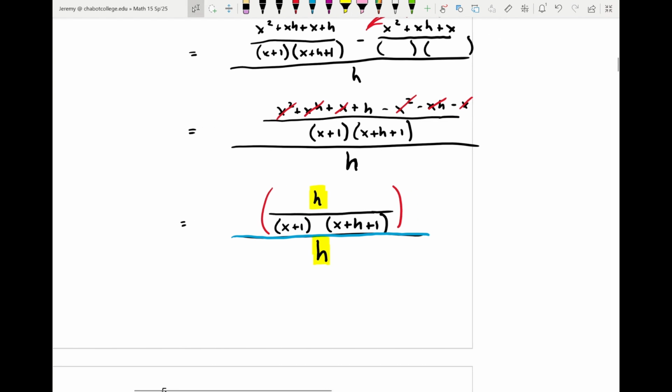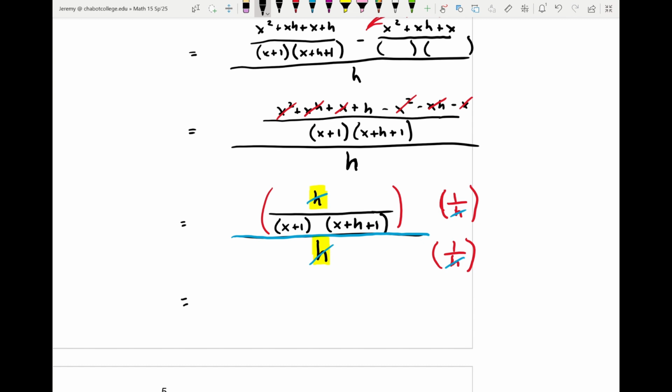There are a couple different ways to do it, but we could multiply top and bottom of the main fraction by 1 over h. So 1 over h, and multiply by 1 over h in the denominator. And what happens is we get cancellations with a bunch of these h's, right? That cancels with that, this cancels with this.